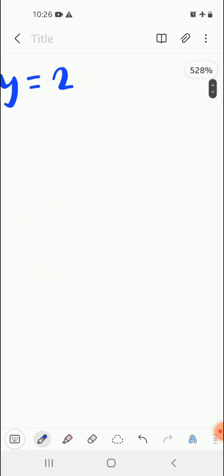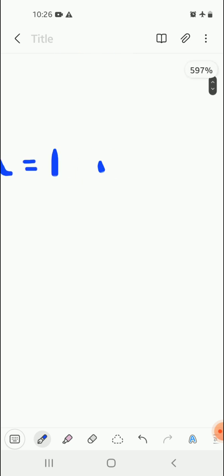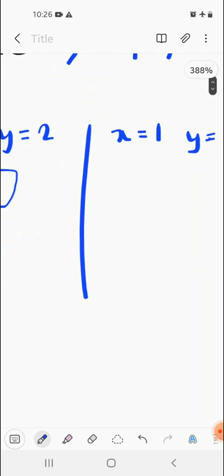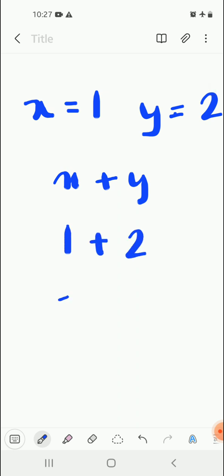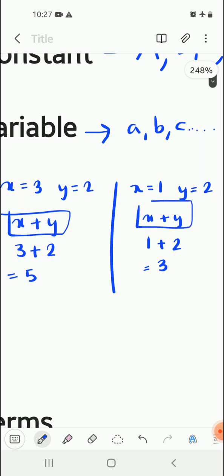On the other hand, if I say that the value of x is 1 and the value of y is 2, then using the same expression, x plus y, the value will differ. x means 1 and y means 2, so it becomes 3. So you can see, using the same expression, the values differ because the values of x and y change.